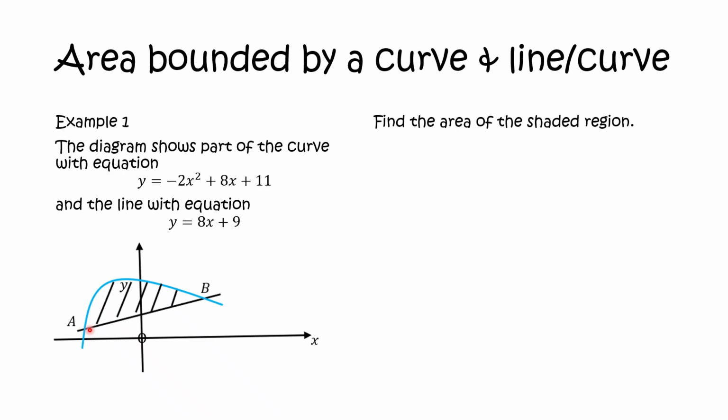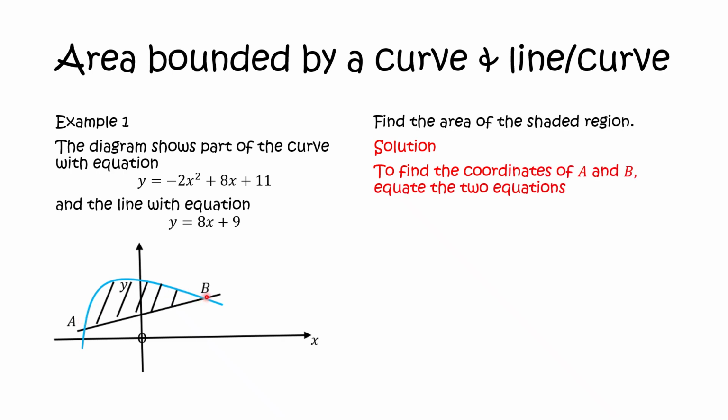But before we do that, let's find the coordinates. So we need the coordinates of point A and the coordinates of point B. Those ones are crucial because as we integrate, we would get the lower and the upper limit from the two. So to do so, we equate the two equations, the quadratic and the linear. So from there, we move on to group the like terms.